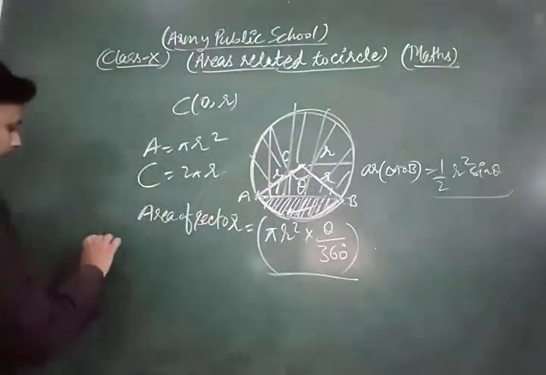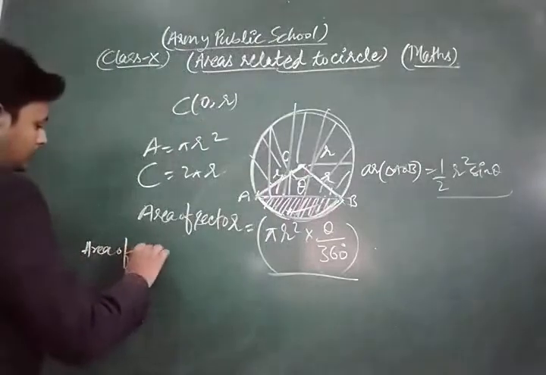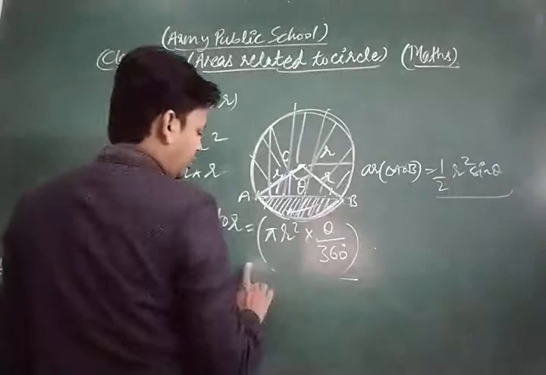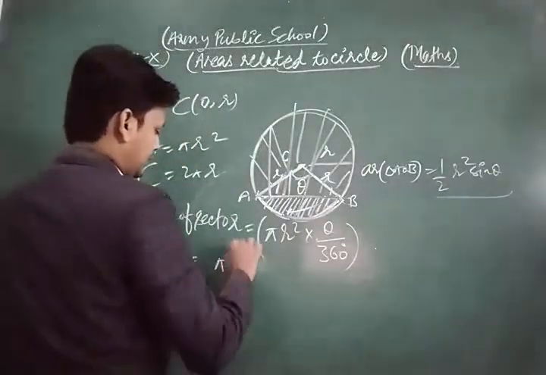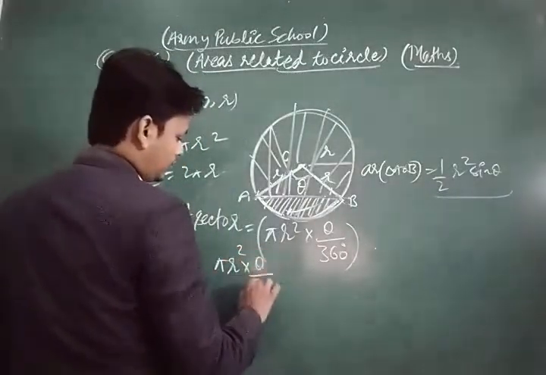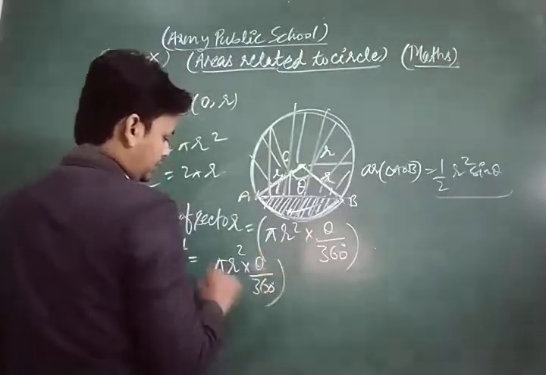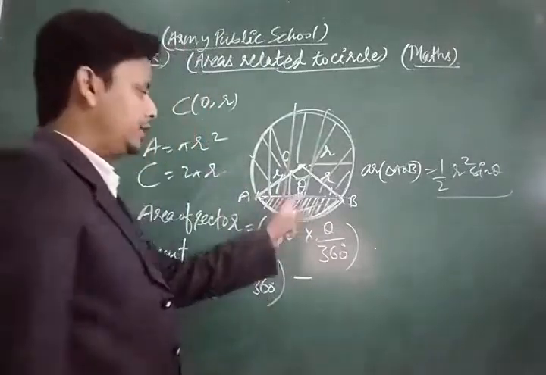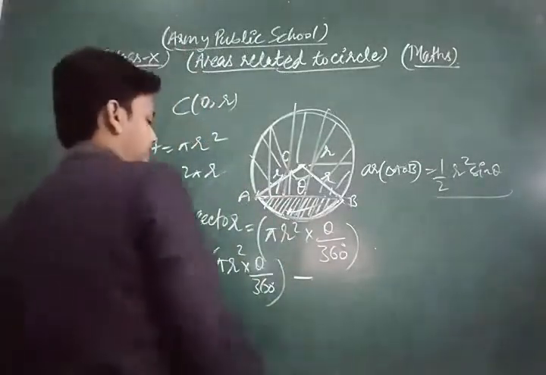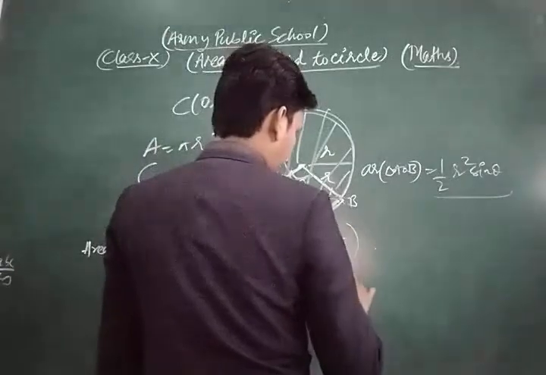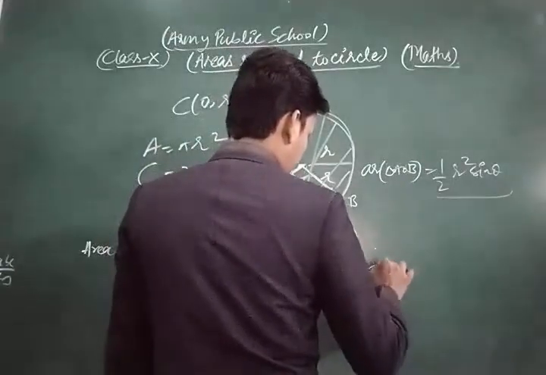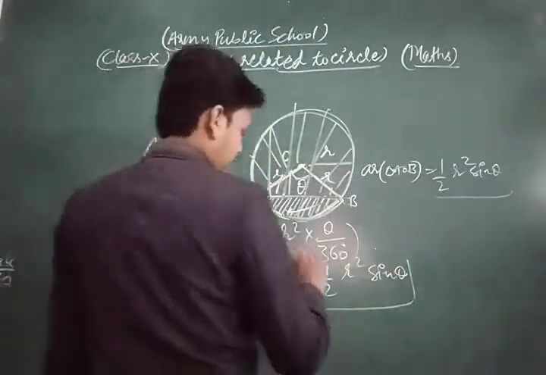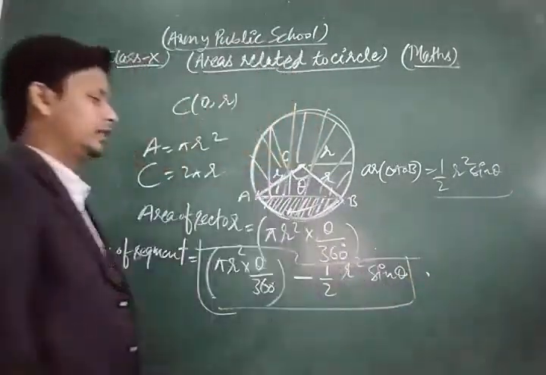So, dear students, the area of the segment is equal to the area of the sector, that is pi r square into theta upon 360, minus the area of triangle AOB, that is 1 upon 2 r square into sin theta. This is the concept of that chapter, dear friends.